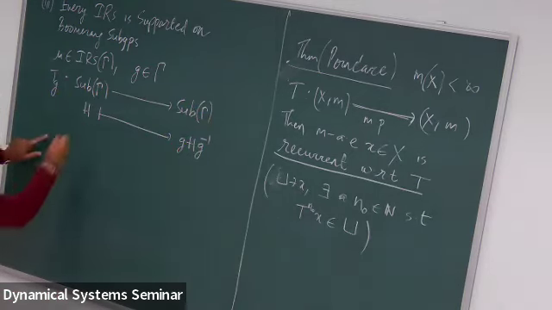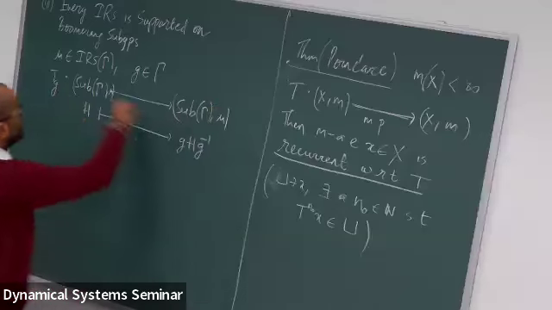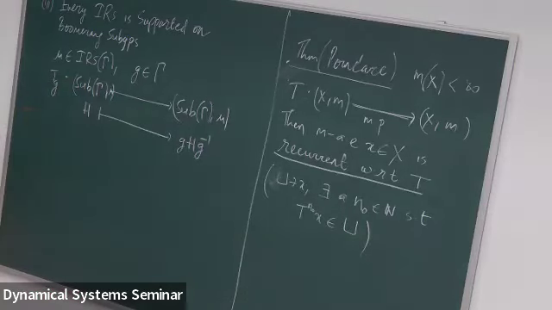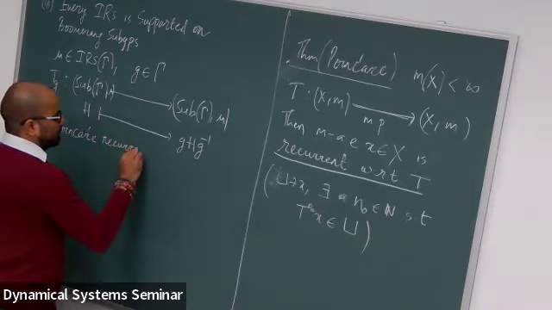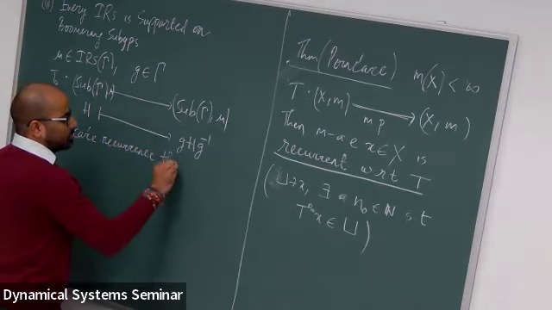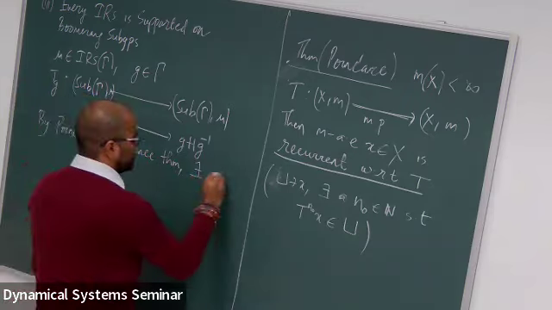Now since mu is an invariant probability measure, T_g is a measure preserving transformation. So by the Poincare recurrence theorem, I can find a co-null set.